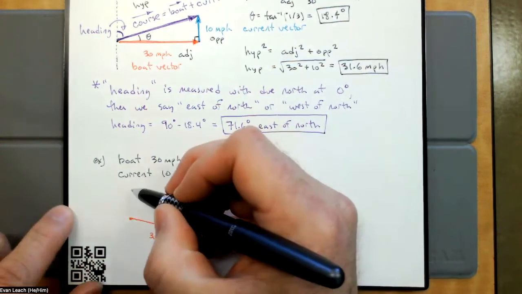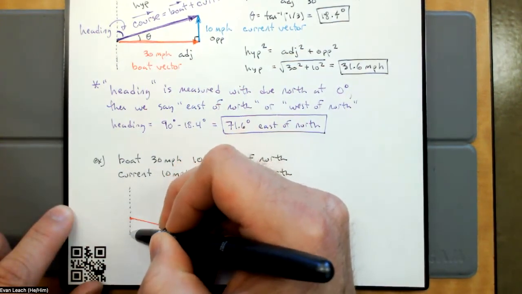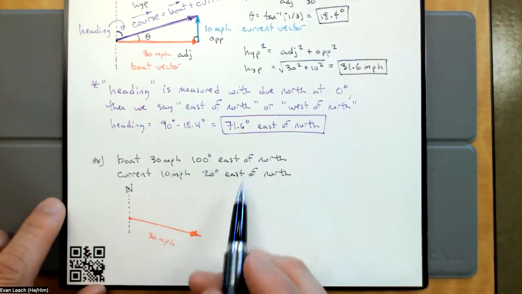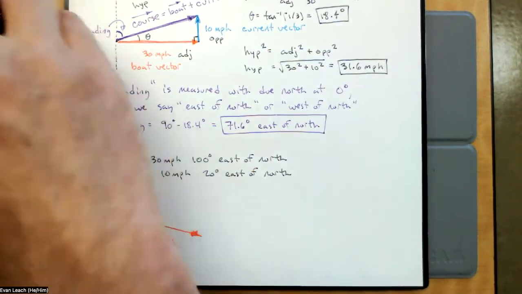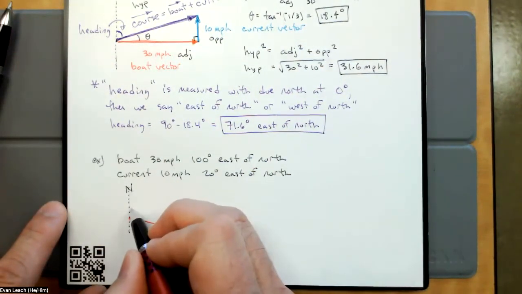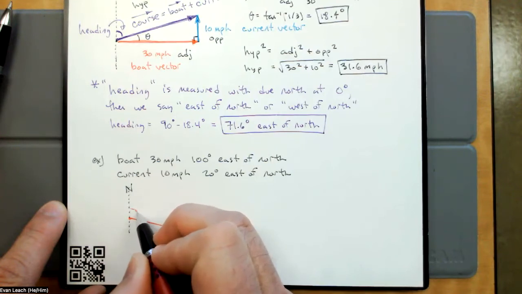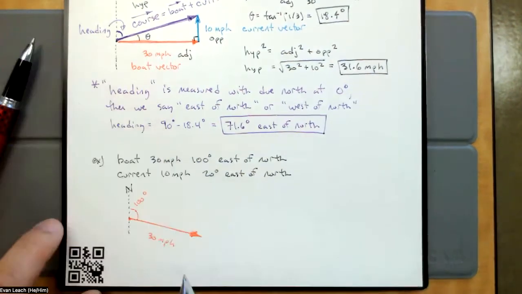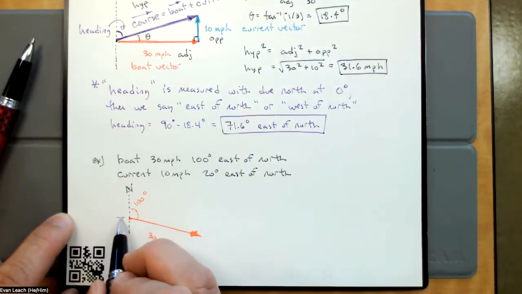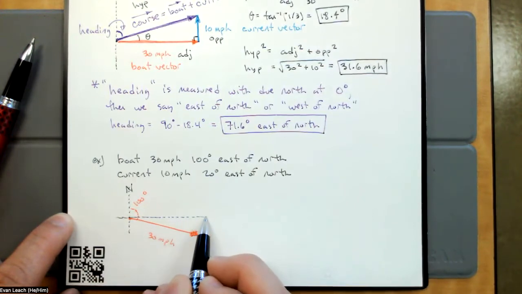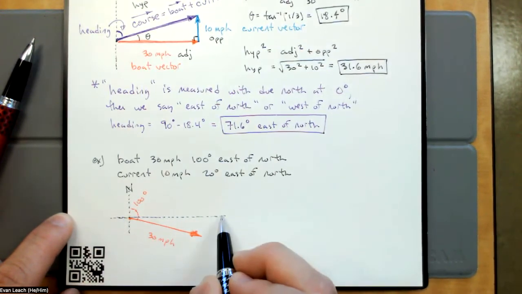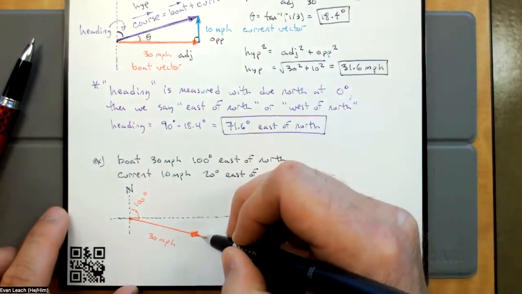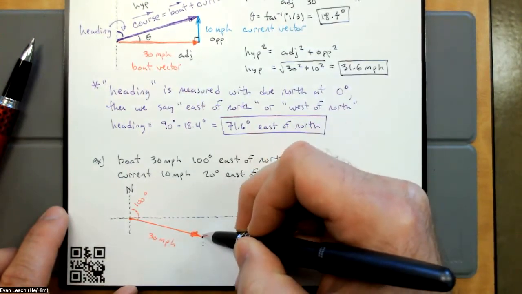We should mark where north is. And our heading is 100 degrees east of north. So we're actually traveling a little bit to the south east. But we've also got a current.